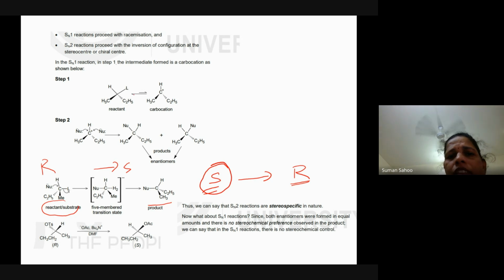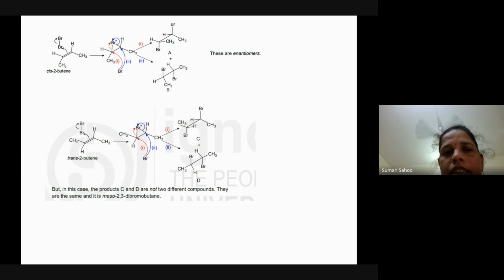But in case of your SN1 reaction, substitution nucleophilic unimolecular, whatever starting material you take, R or S, you are always getting a racemic product. So the SN1 reaction does not have stereochemical preference, whereas SN2 reactions are stereospecific in nature.